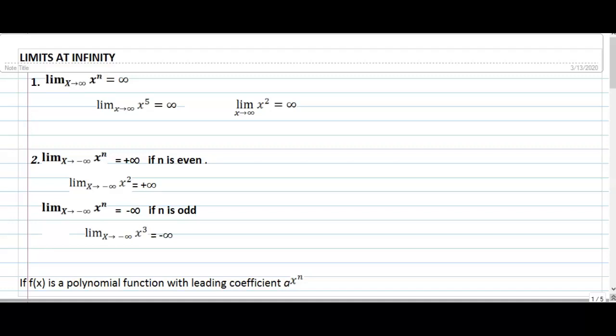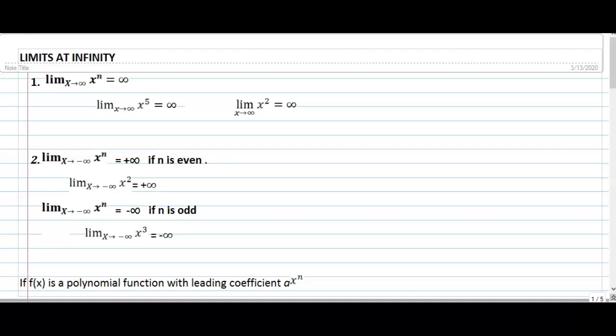If you think about this, if you take a positive number and raise it to an odd power, then you're going to get a positive number back. Likewise, if you take a positive number and raise it to an even power, it's going to return a positive number.